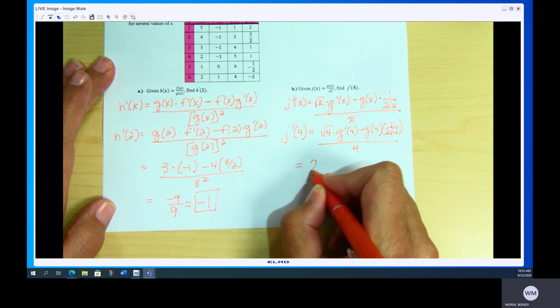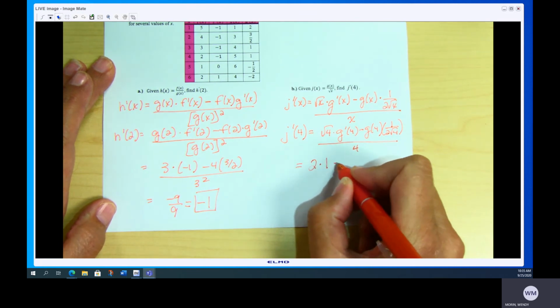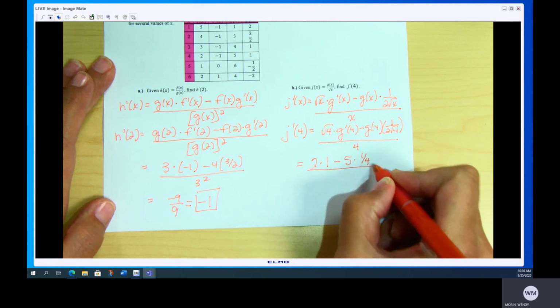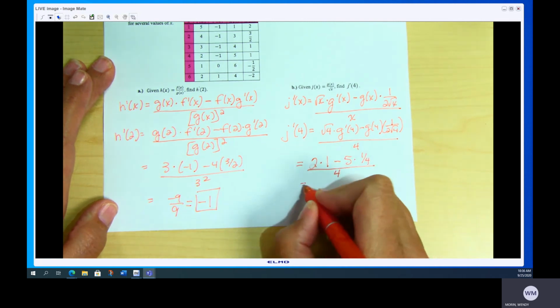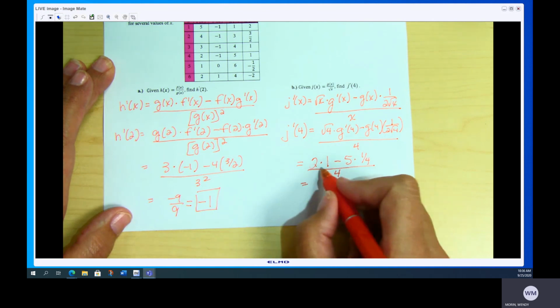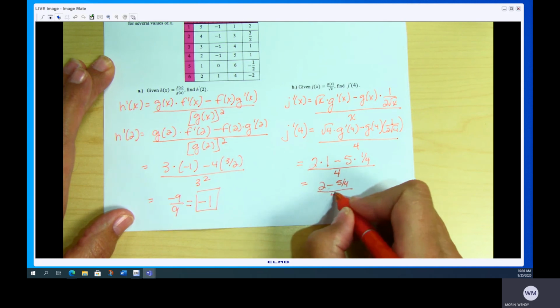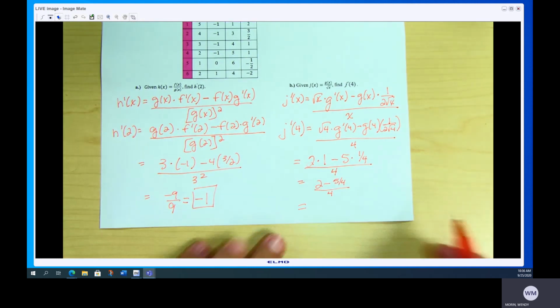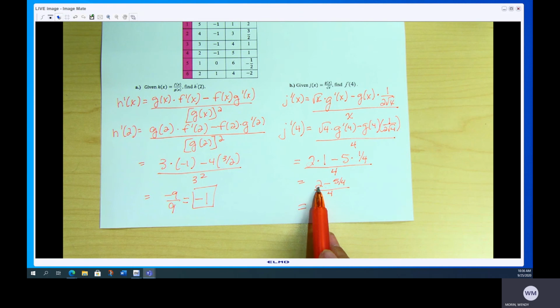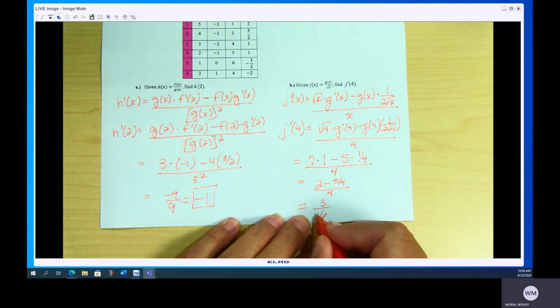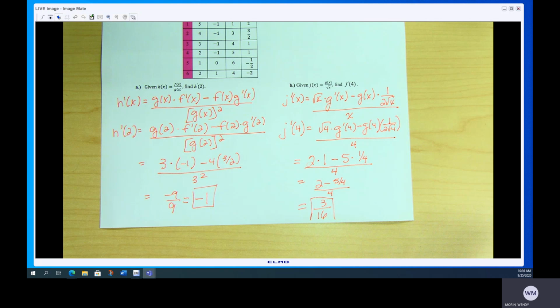And for that, you should have gotten 2 times 1 minus 5 times 1/4, all divided by 4, which is 2 minus 5/4 divided by 4. That is 8/4 minus 5/4. So 3/4 on the top divided by 4 is 3/16. And there you are.